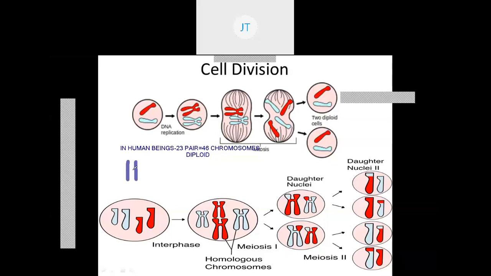For example, for the color of the eye, the protein or pigment of eye color, one gene is there on this chromosome and the same kind of gene is there on the other chromosome. So for every protein formation we have two copies of the gene.